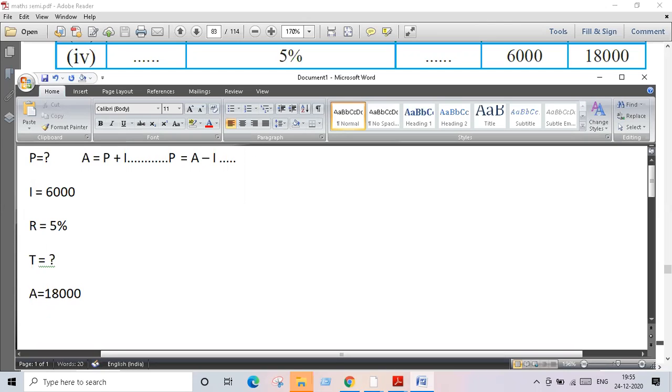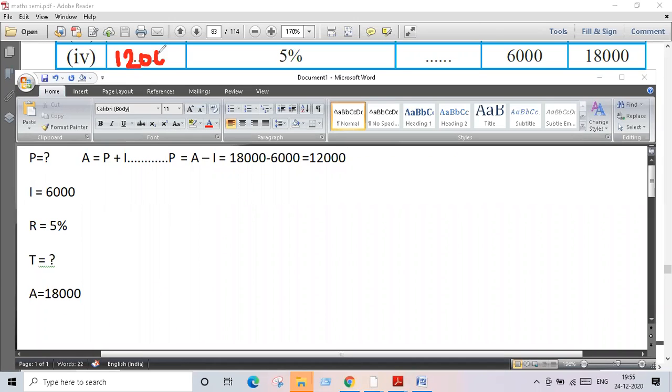A is 18,000 minus 6,000 is equal to 12,000 rupees. So this is your principal. Directly the principal comes to 12,000 rupees.